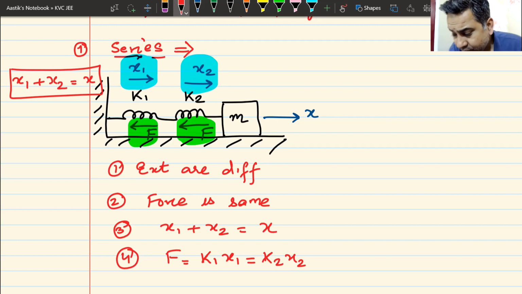Have you noted it down? Okay. These are two springs.